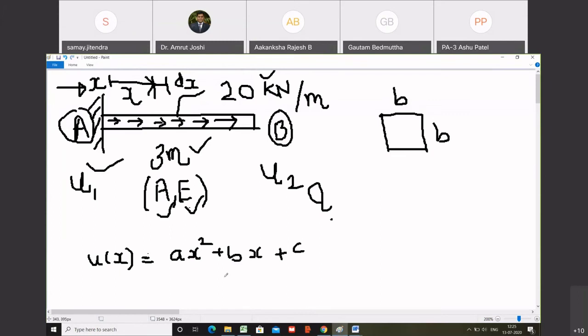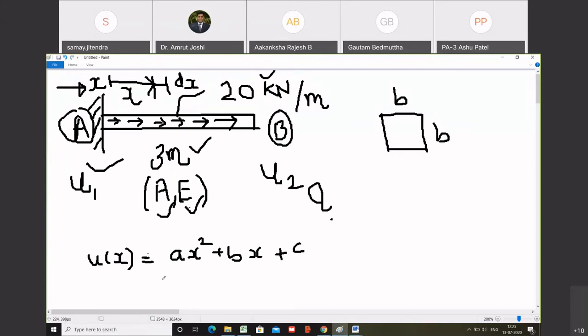That's how I'm going to write down u. And a, b and c are unknown coefficients. Are you with me? So we have to find out values of a, b and c in terms of u2 and u1.